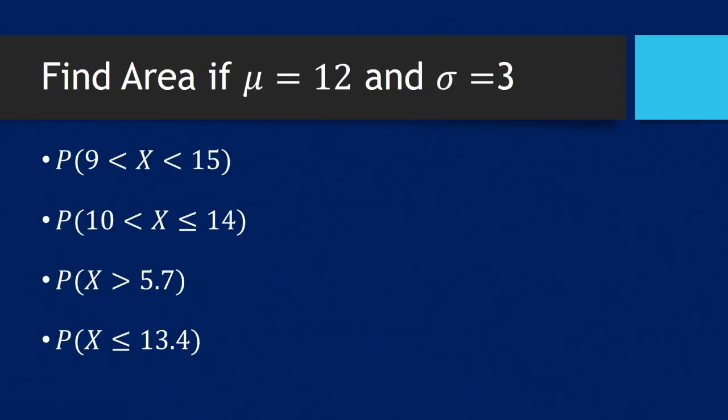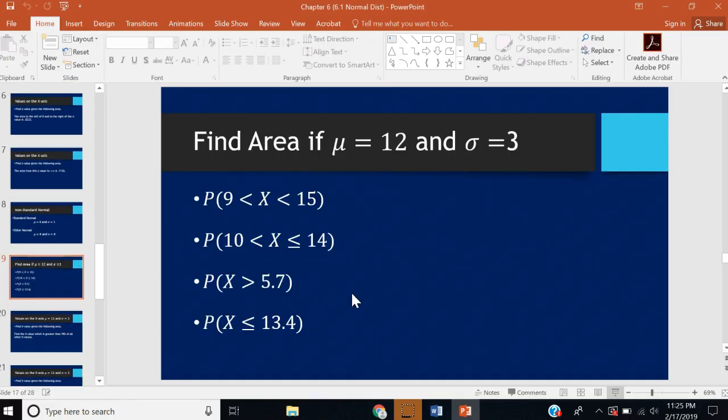If we wanted to, we could do very similar problems, like finding the probability that you select something at random and it has an x value between 9 and 15 if the mean is 12 and the standard deviation is 3.